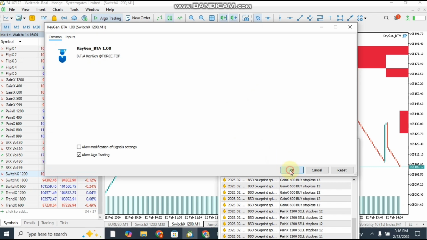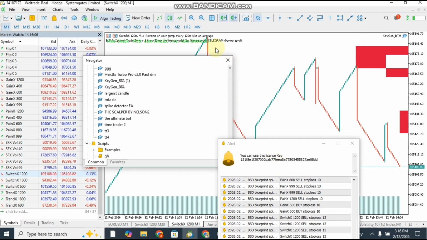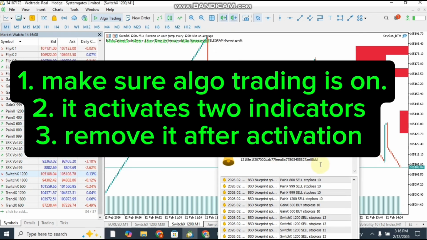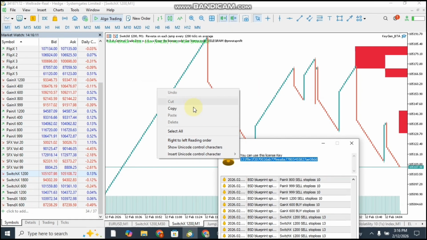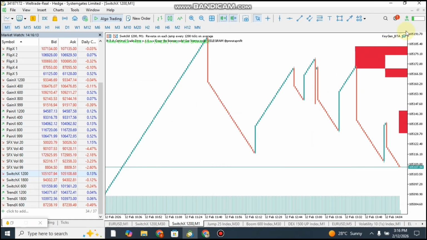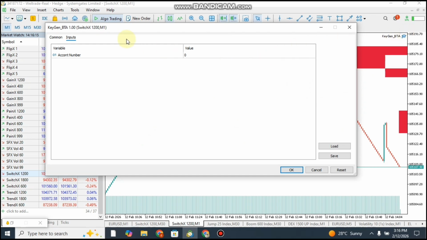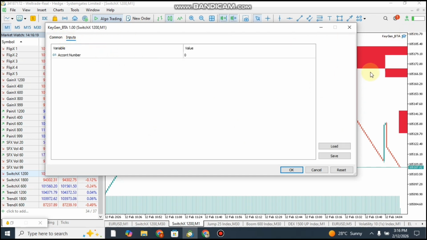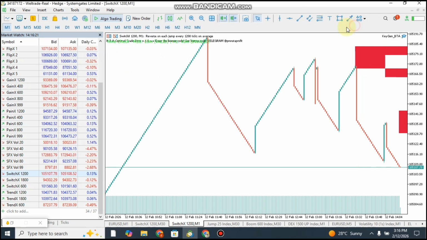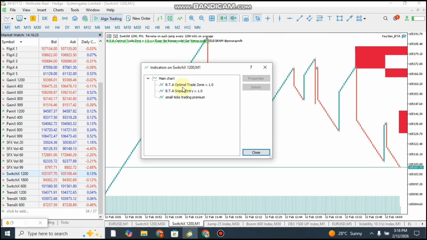This one is for activating the first 2 indicators, the BTA indicators. If you turn the algo trading on, algo trading must be on, you copy the key that it generates. The BTA Sniper generates a key so that you can use that key to activate the first 2 indicators.